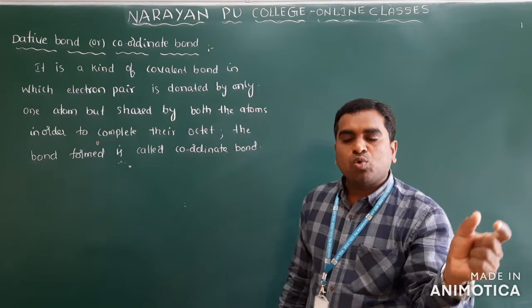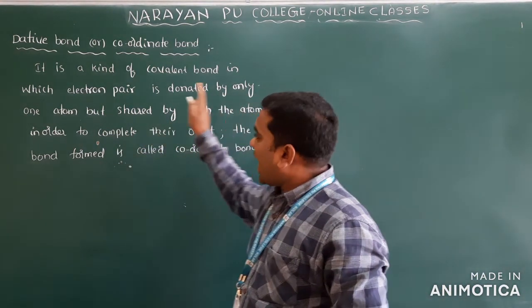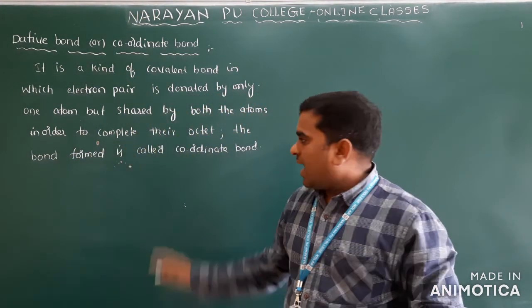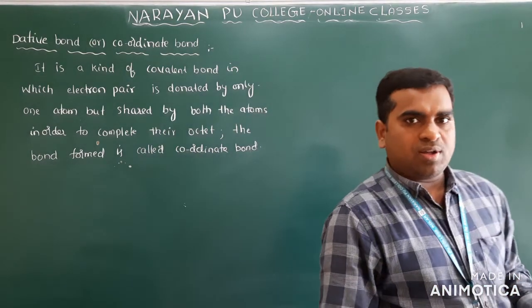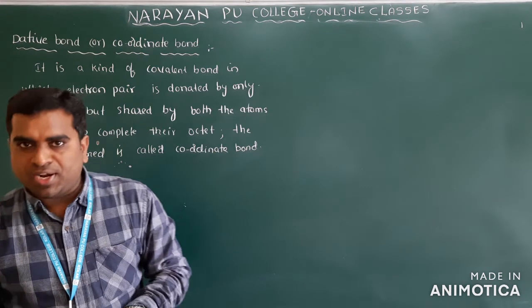Two electrons are donated by only one atom, but shared by both the atoms in order to complete their octet, and the bond formed is called a coordinate bond.